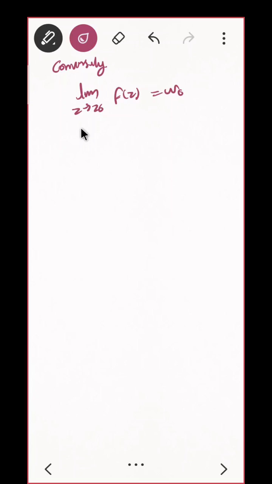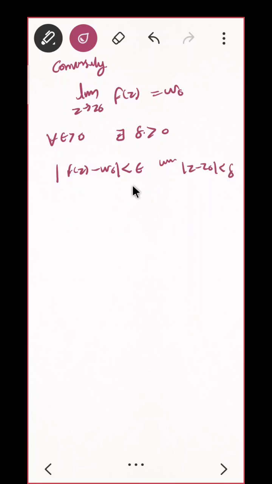For all epsilon positive, there exists delta such that mod of f of z minus w naught is less than epsilon whenever mod of z minus z naught is less than delta. You just need to solve this much, just a little bit.